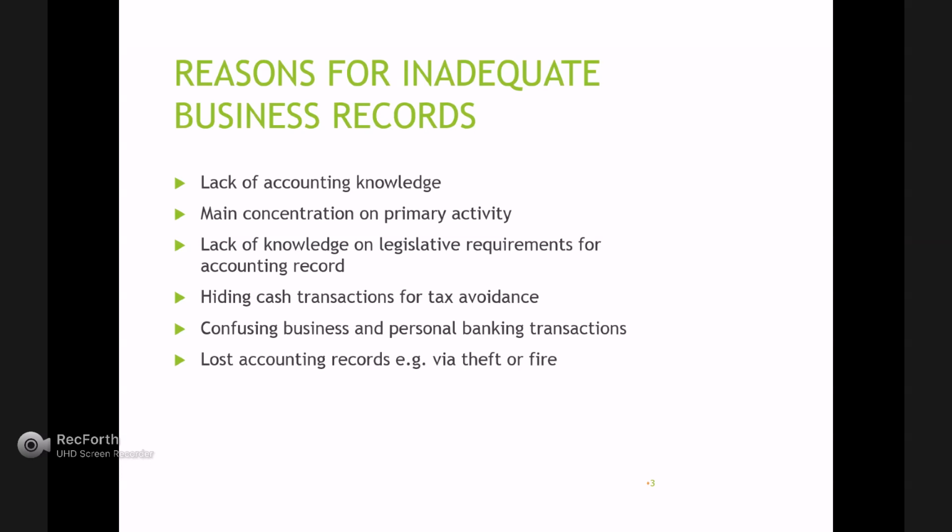Okay. So hiding cash transactions for tax avoidance. For the ultimate purpose of tax avoidance, they hide, ignore, or manipulate the transactions. So hiding the cash transactions leads to inadequate business records. Next, confusing business and personal banking transactions.